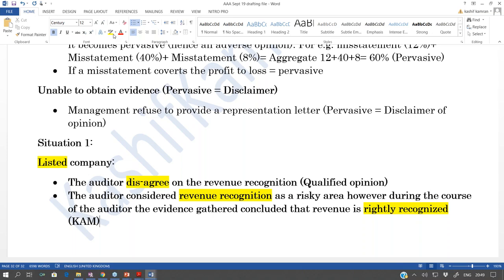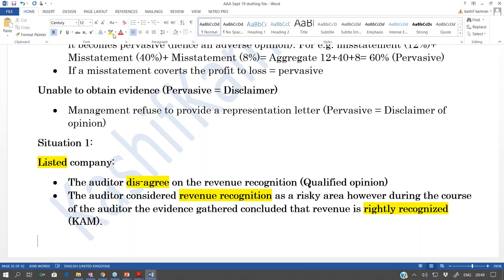If the revenue is wrongly recognized, will I give a qualified opinion considering the materiality? And if the revenue is rightly recognized, then I'll be giving a CAM, right? Okay, that's one situation.